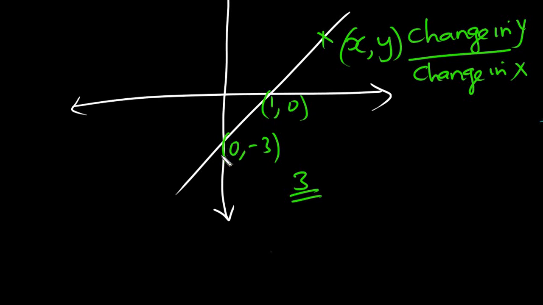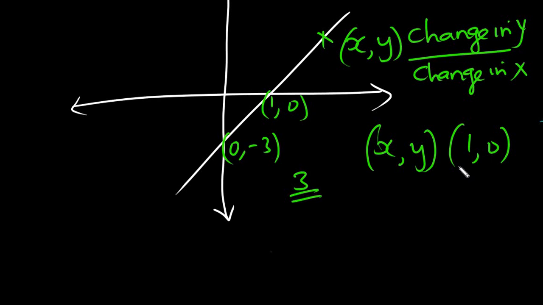Remember, we already have 2 points whose coordinates we know. You can use either (1, 0) or (0, -3). So we are going to get the gradient using (x, y) and (1, 0).